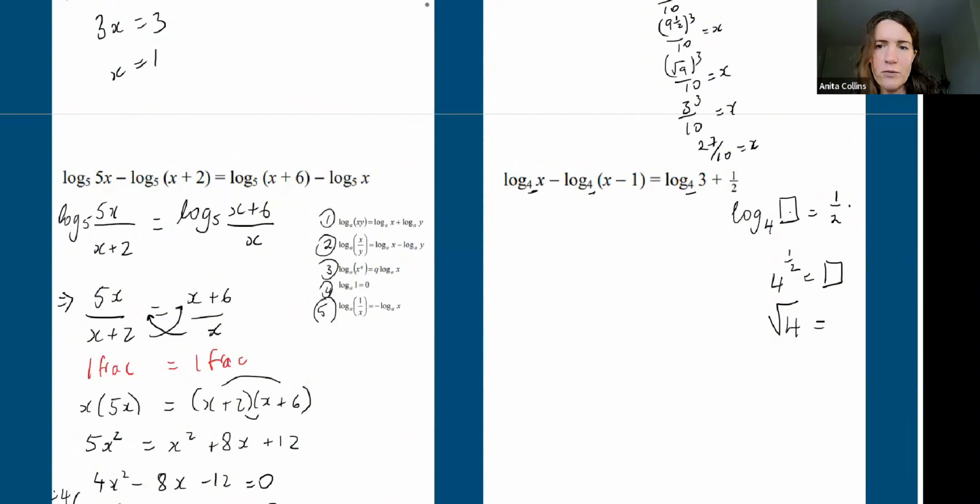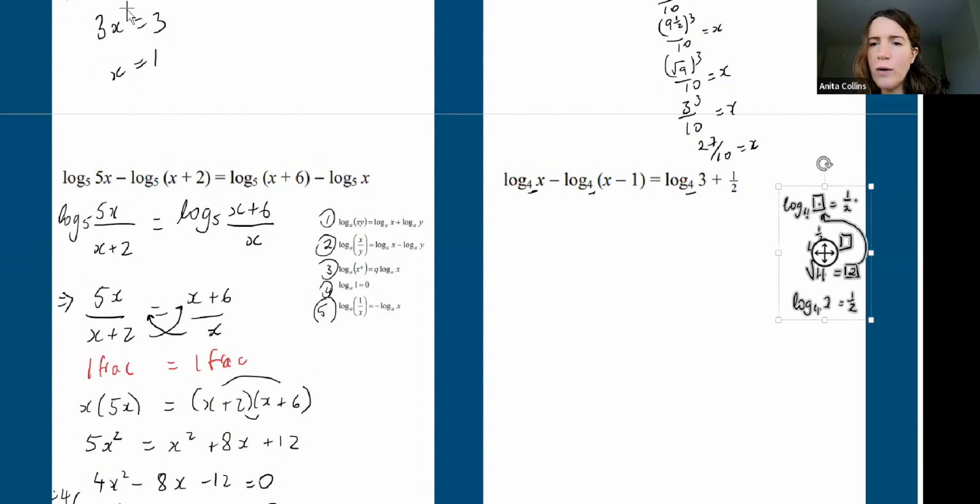What's going to go in that box? It must be 2. So log of 2 base 4 is equal to a half. I've just turned the half into log of 2 base 4, so you can replace that and you should be able to take it away from there.